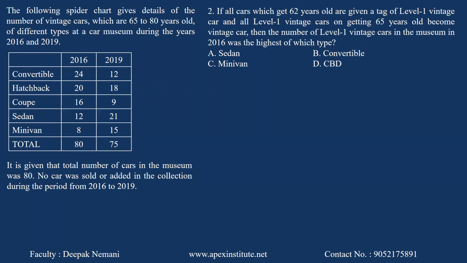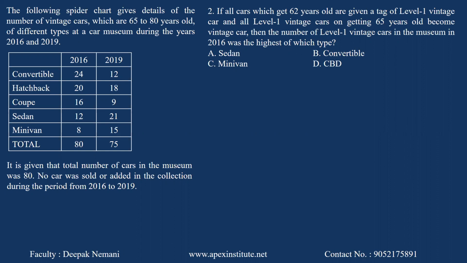Now, if all the cars which get 62 years old are given a tag of L1 vintage cars, and all L1 vintage cars on getting 65 years old become vintage cars, then the number of L1 vintage cars in the museum in 2016 was the highest of which type?